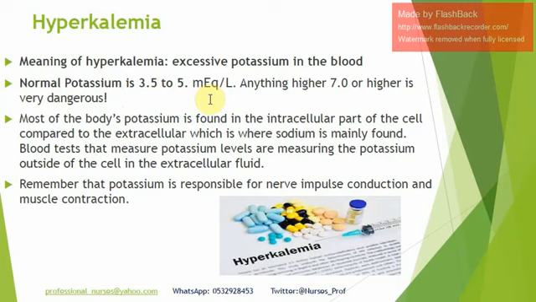Usually this number may differ from one reference to another, but this is the general reference over many books or lab limits. Any potassium level higher than 7 is very dangerous and needs immediate intervention.